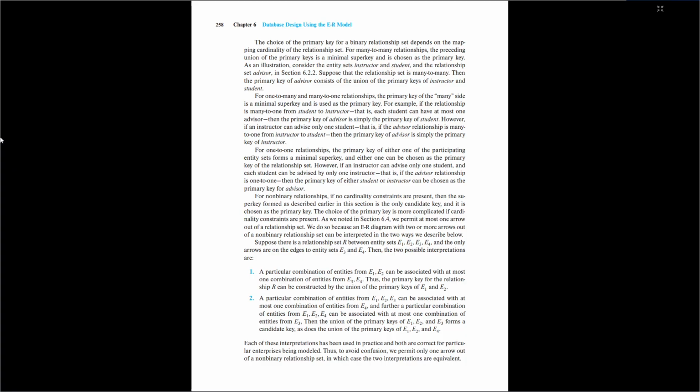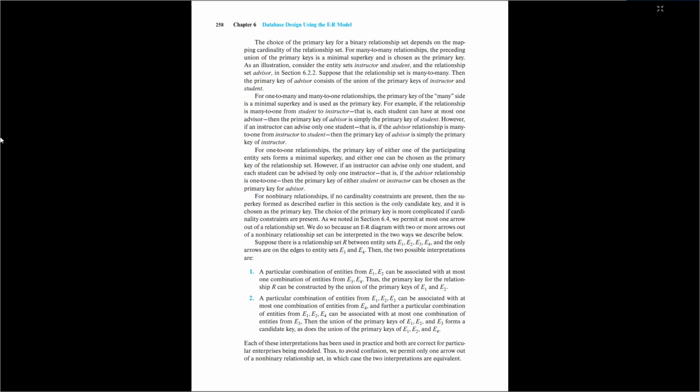Suppose there is a relationship set between entity sets E1, E2, E3, E4, and the only arrows are on the edges to entity sets E3 and E4. Then, the two possible interpretations are: 1. A particular combination of entities from E1, E2 can be associated with at most one combination of entities from E3, E4. Thus, the primary key for the relationship can be constructed by the union of the primary keys of E1 and E2. 2.